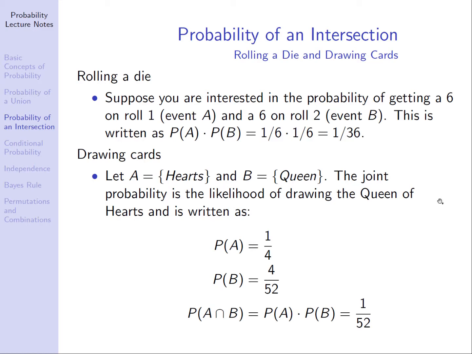The probability of getting a 6 on the second roll is also 1 over 6. So if you are interested in the event 6 on the first roll and 6 on the second roll, you are simply multiplying both numbers, and you see that the probability of getting a 6 in both rolls is 1 over 36.